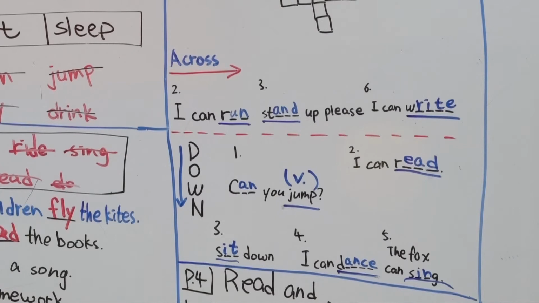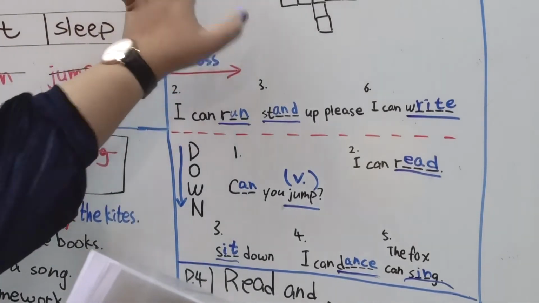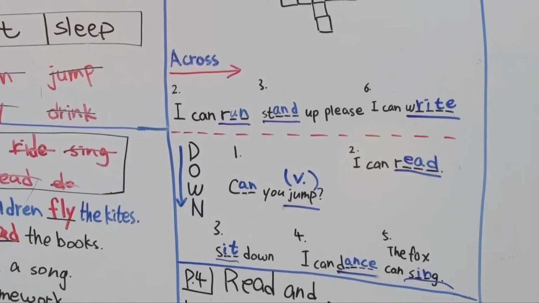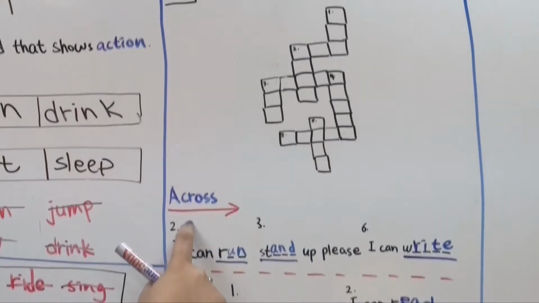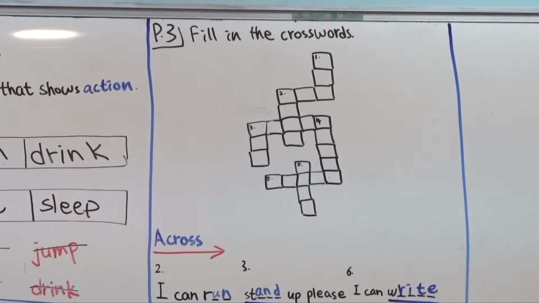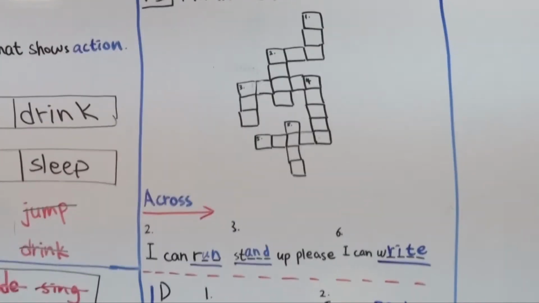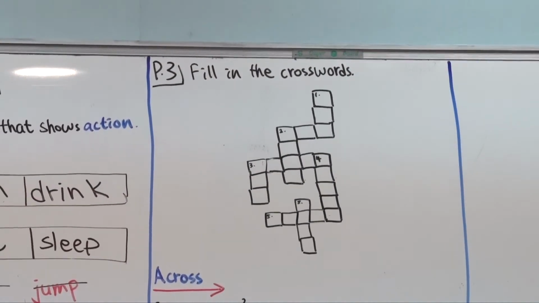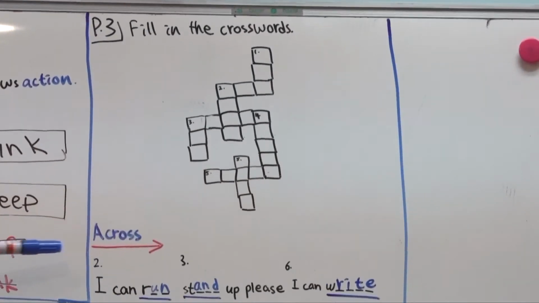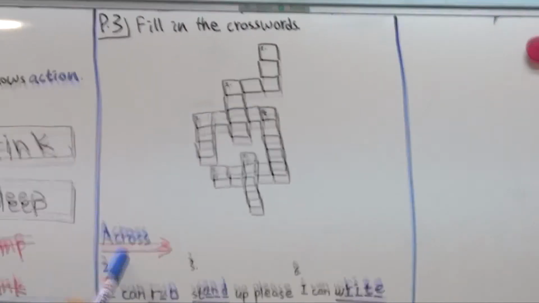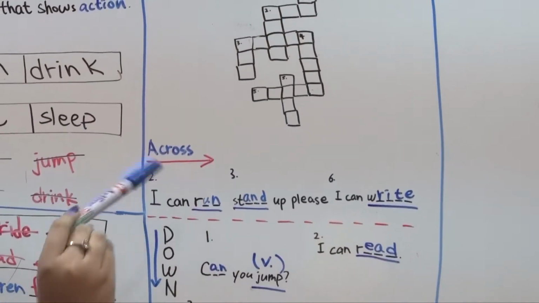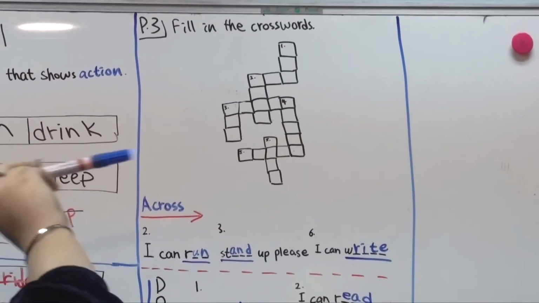So we have done fill in the blanks, right? Now it's time for you to fill in the crosswords. Let's look at the section across. Across means the direction goes here. So across number 2. Let's look at the direction across and 2.